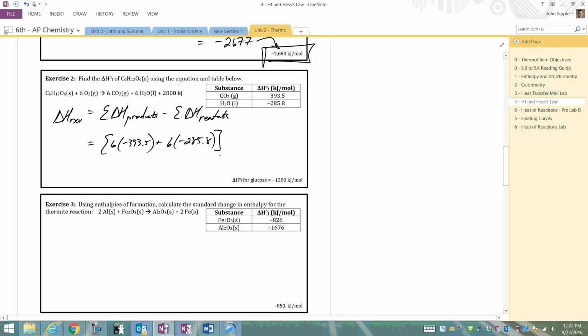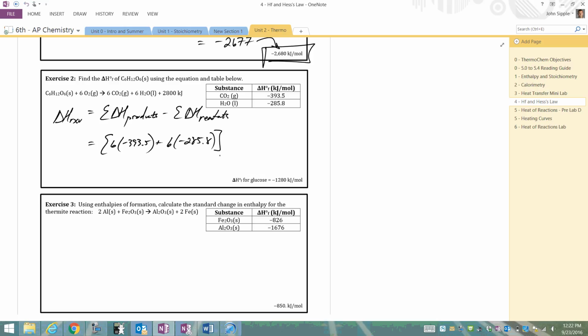Now I've got energy on there too. What do you guys think I do with that? What is this telling us? There's energy from the reaction. The total reaction is producing that amount of energy.